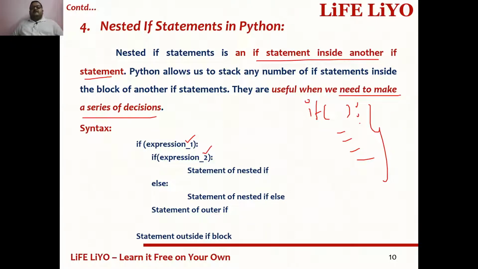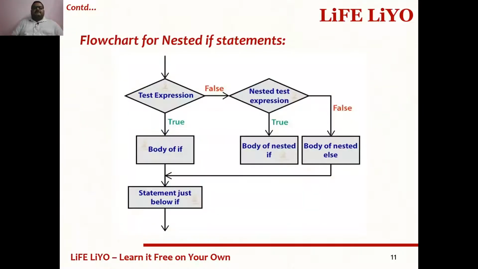If both are true, then the statements will be executed. Otherwise the else of the inner if will be executed, and then the statement of the outer if will be executed. After this, outside of the block, the remaining statements in the program will be executed.